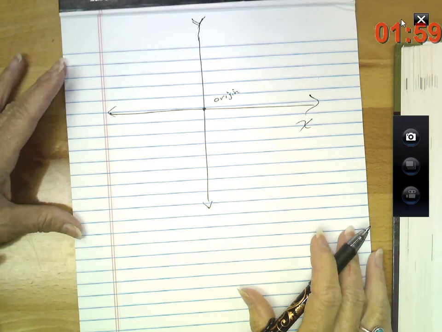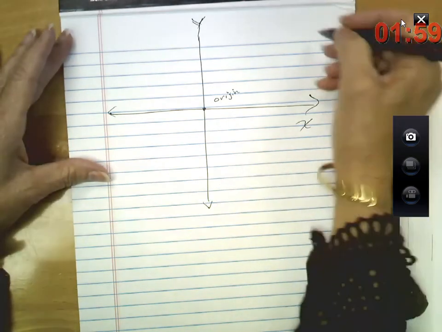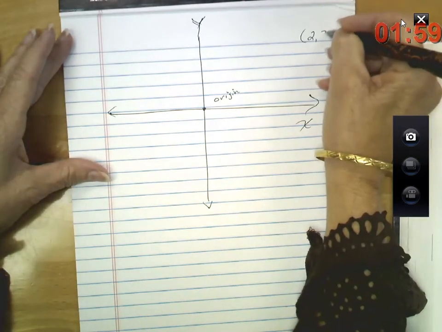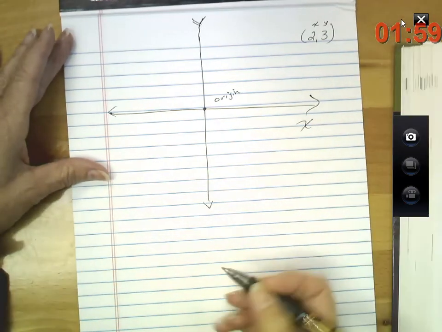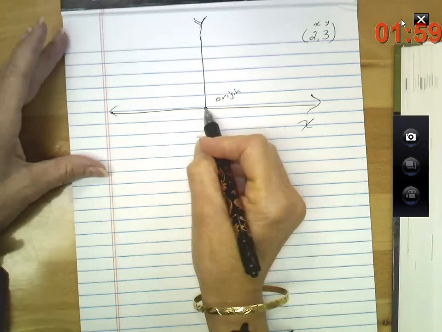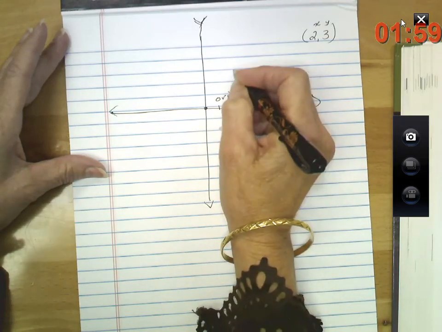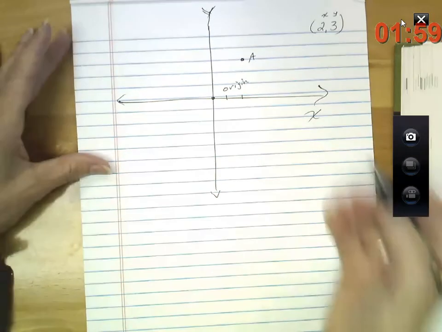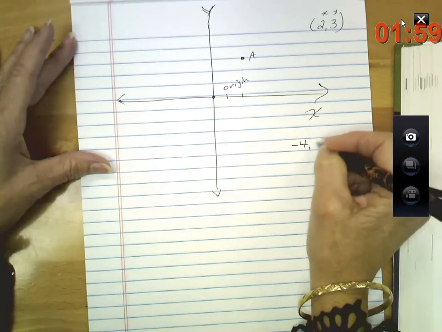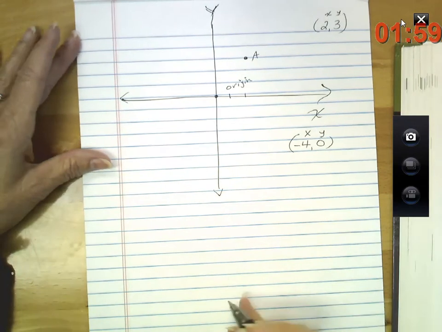If I want to talk about a point at 2, 3, the x is first, the y is second. You always start at the origin, so you go over 2 and then up 1, 2, 3. That would be the point 2, 3. If I had negative 4, 0, this one is always the x, and this one is always the y.